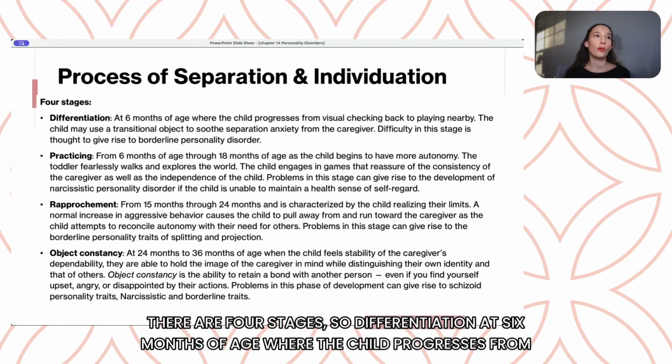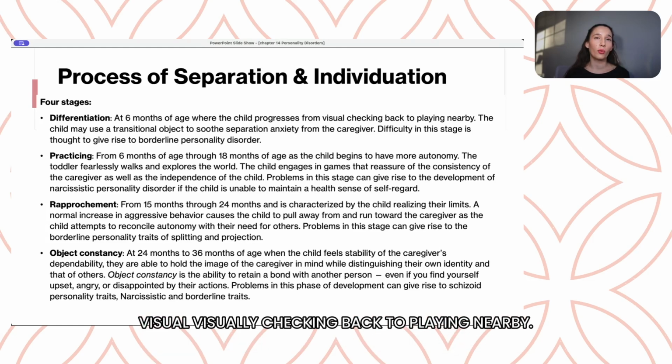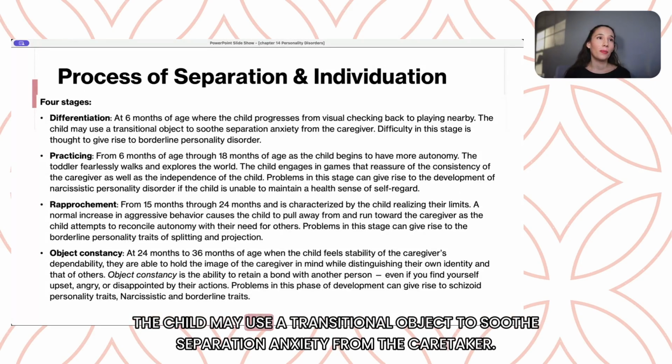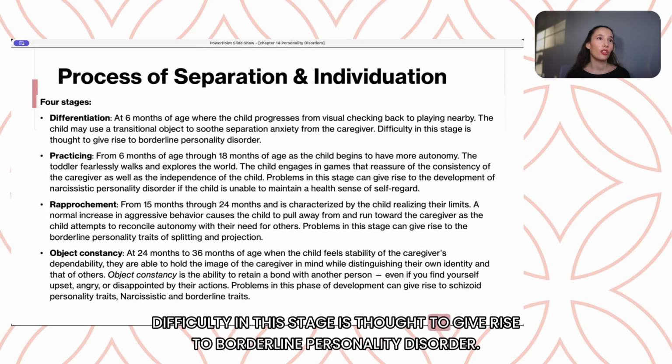There are 4 stages. First, differentiation at 6 months of age, where the child progresses from visually checking back to playing nearby. The child may use a transitional object to soothe separation anxiety from the caretaker. Difficulty in this stage is thought to give rise to borderline personality disorder.